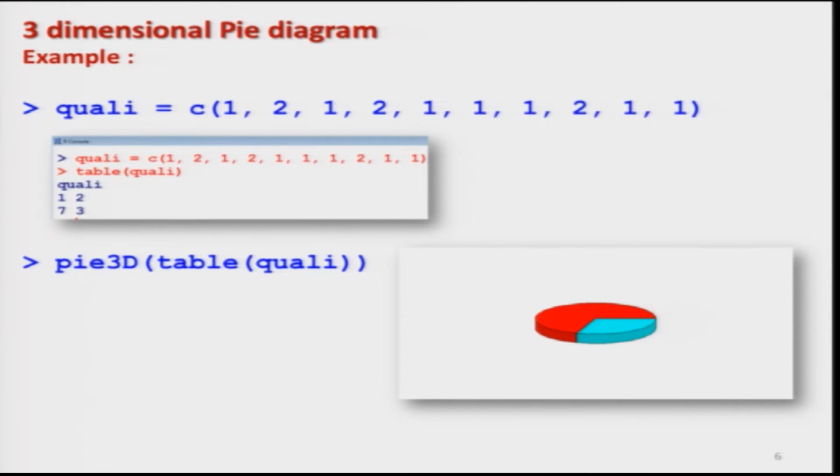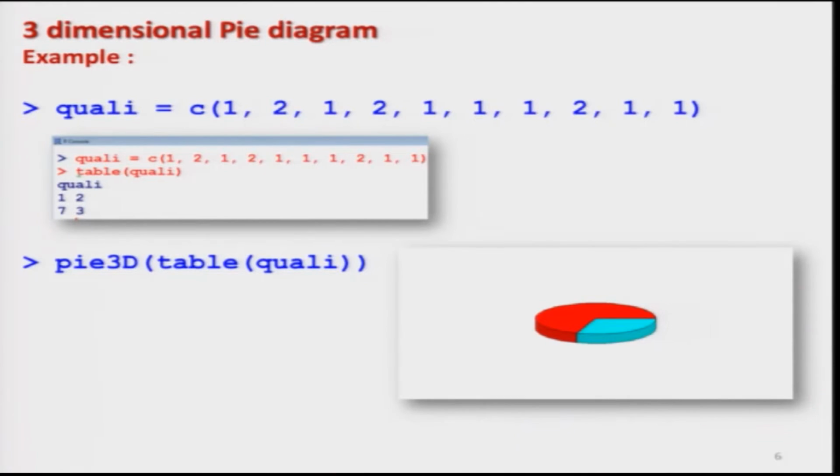As we have discussed earlier, whenever you want to create a pie diagram or a three-dimensional pie diagram, you need to input the data in the form of frequencies. So, first I will create the frequency table using the data collie, using the command table(collie), which I already did in the last lecture.